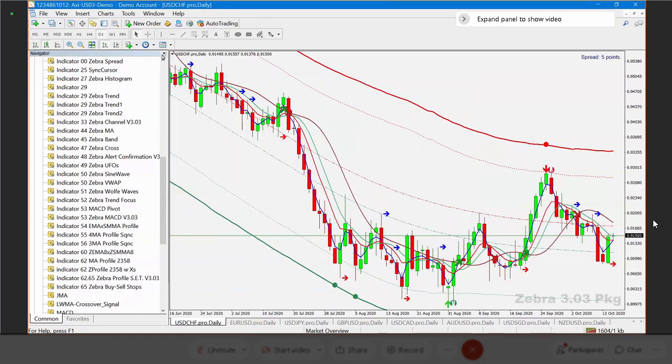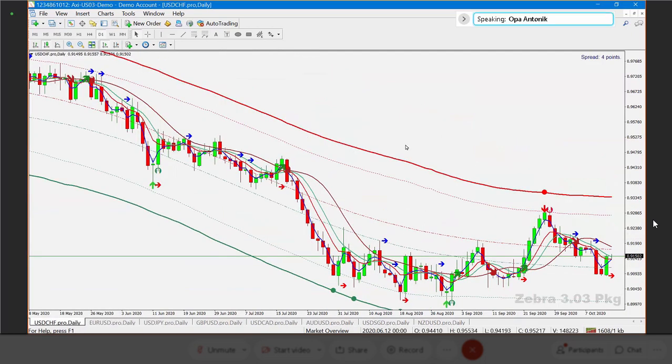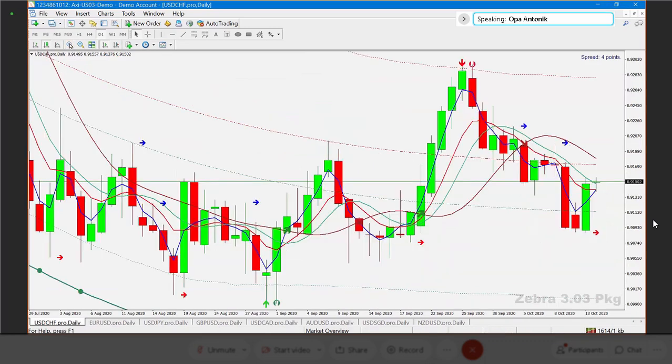And so here we can see that, and let's go ahead and open it up. What do I see here? What I see is an indication that price may want to go up.